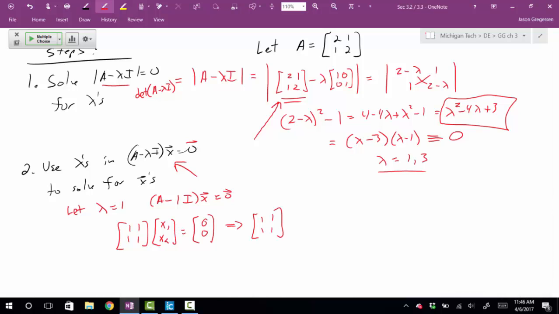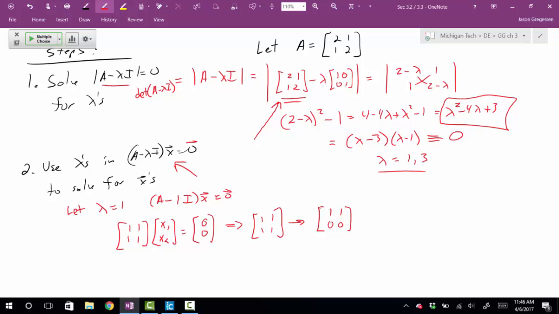So now I row reduce this piece, and I get [1, 1; 0, 0]. Does that make sense, that I have this row of all zeros? I pretty much have to have the row of all zeros. If I don't, I wouldn't have any free variables, and I wouldn't have infinitely many solutions. So I expect to get a row of all zeros here.